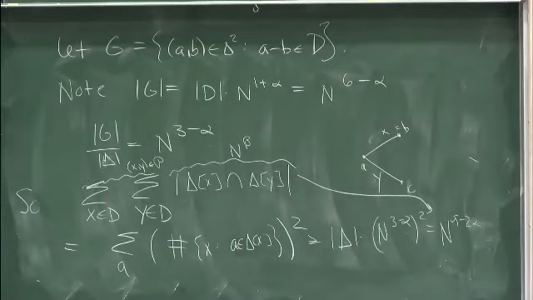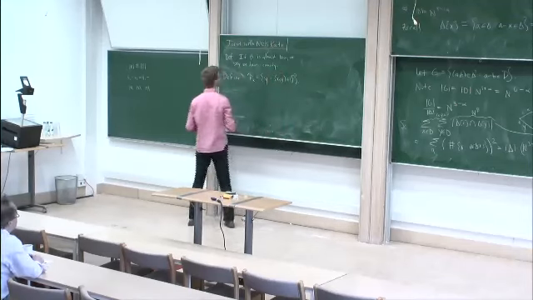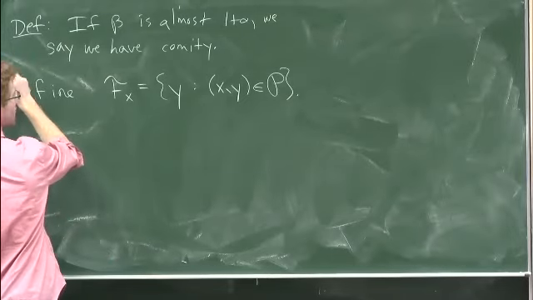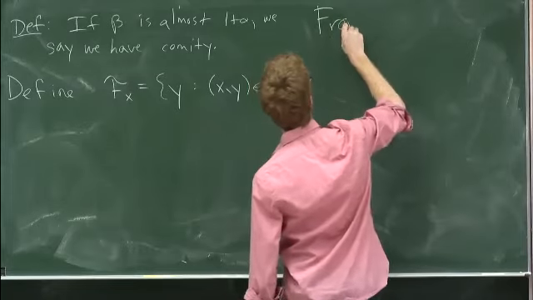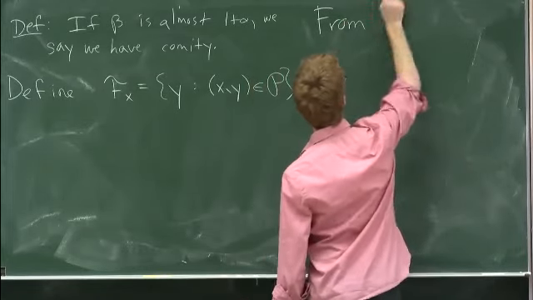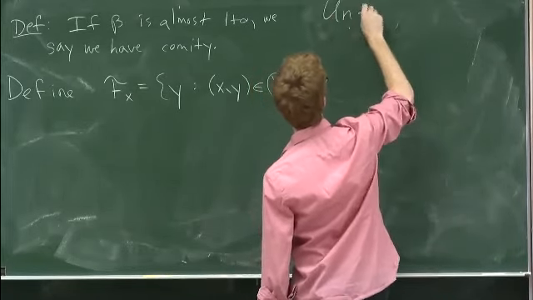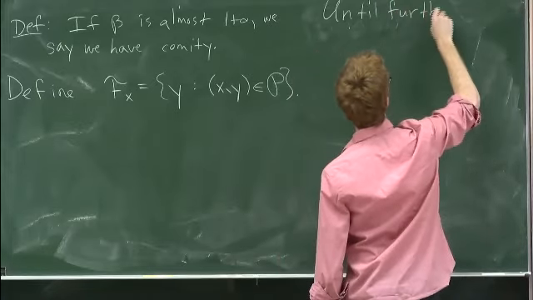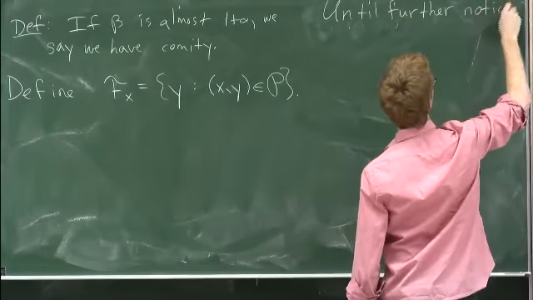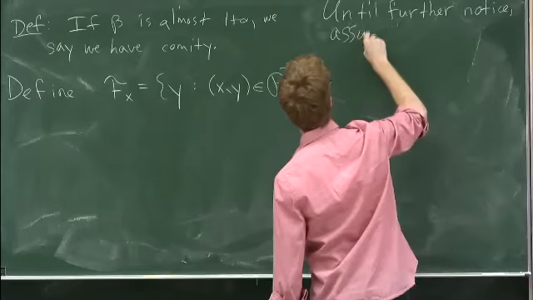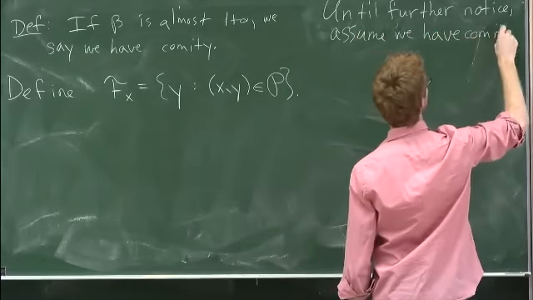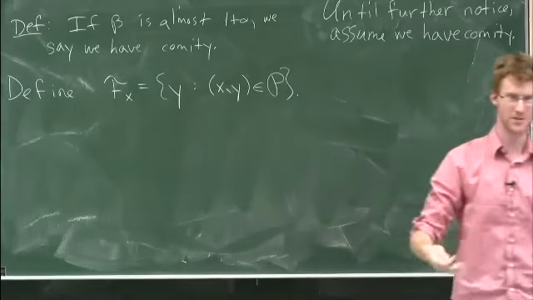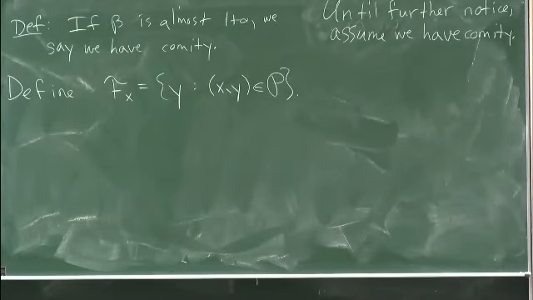So these are the friends of X. And I should say, until I update you, we're going to assume that we're in the situation where beta is actually equal to 1 plus alpha.